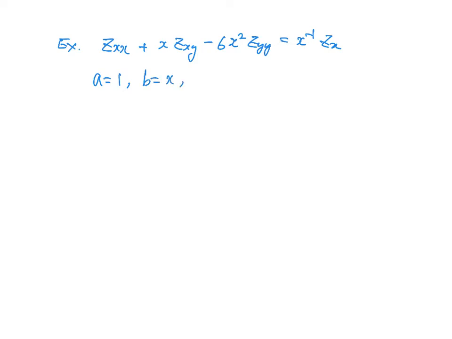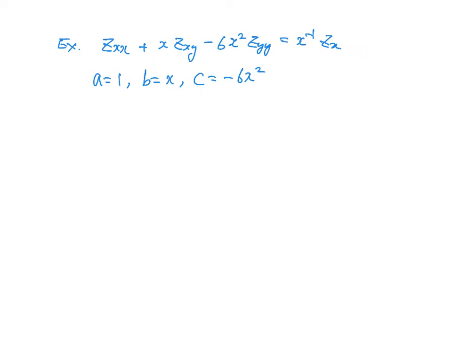And so let's have an example: z_xx plus x z_xy minus 6x squared z_yy is (x minus 1) z_x. So a equal to 1, right? b equal to x, c is minus 6x squared.